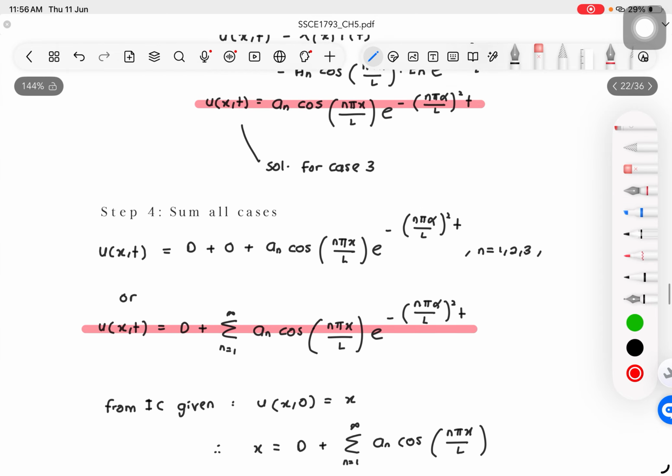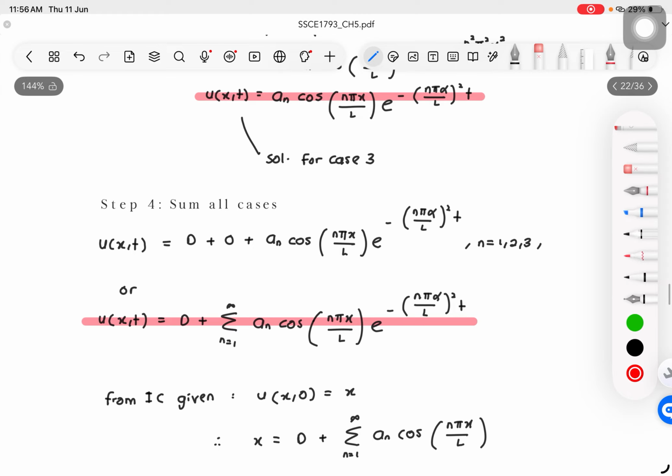In step 4, you're going to sum all cases. To get your u(x,t), we are going to use the superposition principle. So this is for case 1 plus case 2, which is equal to 0, and then plus case 3. So your equation of solution for u is only this one.